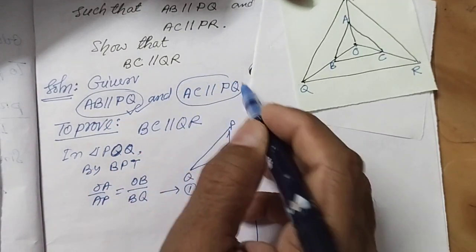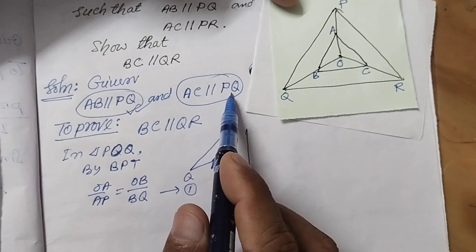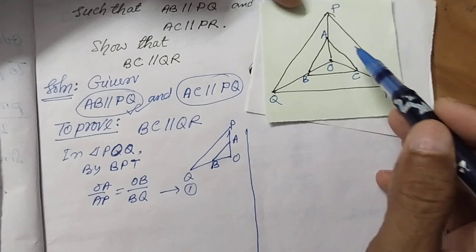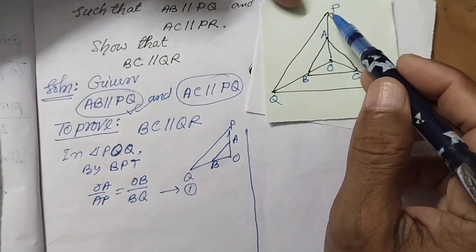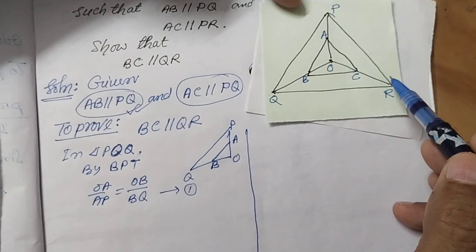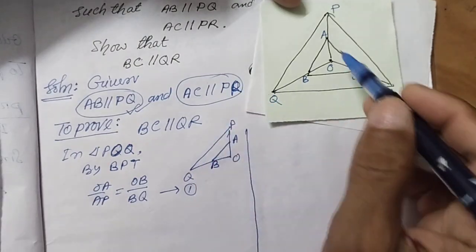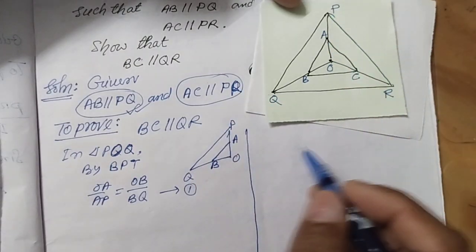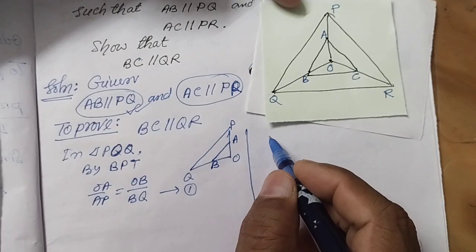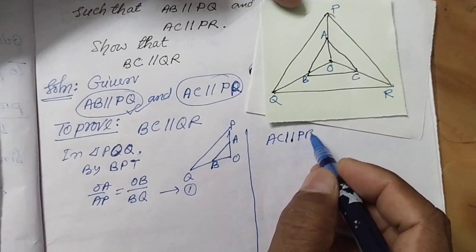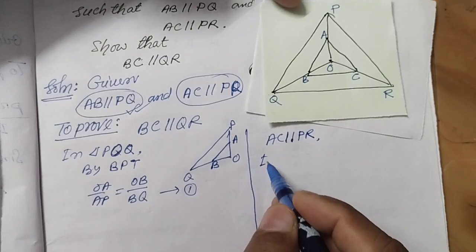Now second condition, what is the condition given? AC parallel PR. So you see in the diagram, for the second condition, which part we have to take out? Sorry, it is written wrong. It is PR. AC parallel PR. So which triangle again are we going to take?